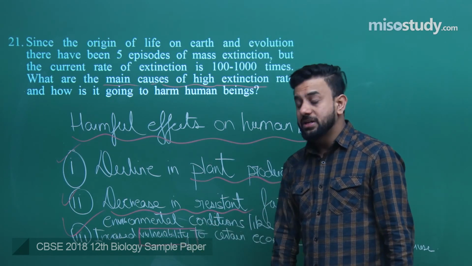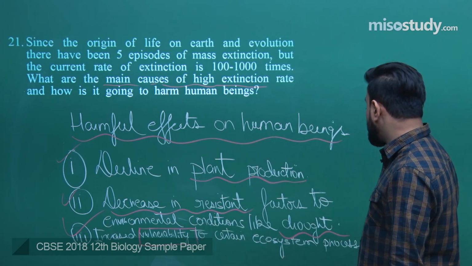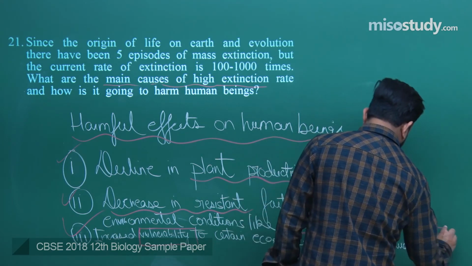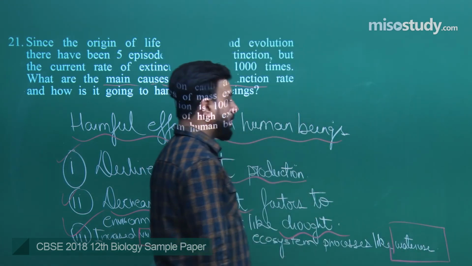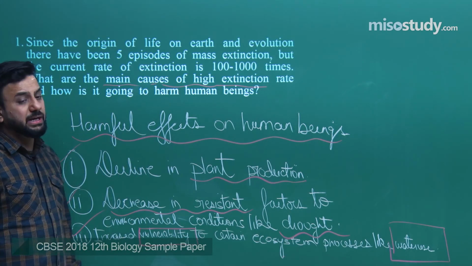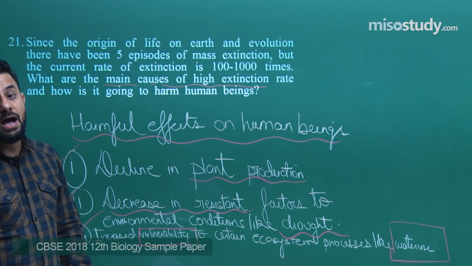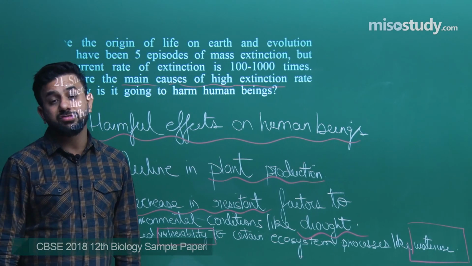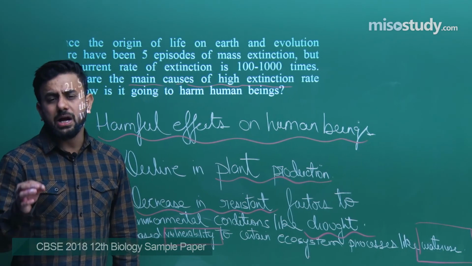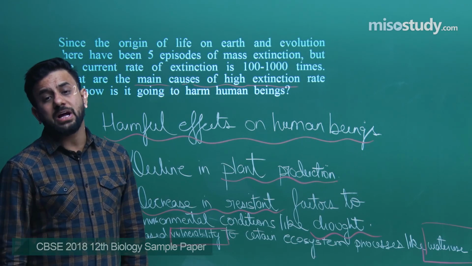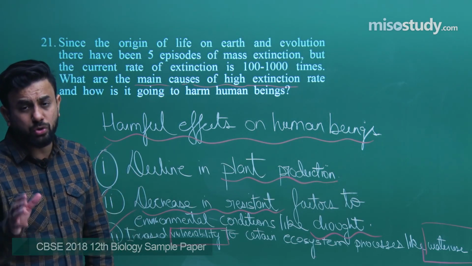Last but not the least, increased vulnerability to certain ecosystem processes like water use. I was reading that in parts of Africa, they have limited, like 6 gallons of water for use for every household. We are coming to that situation and we are not understanding the root cause.